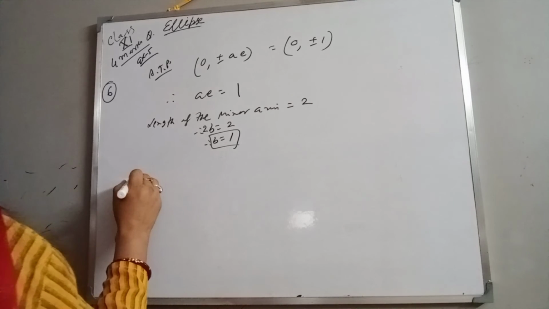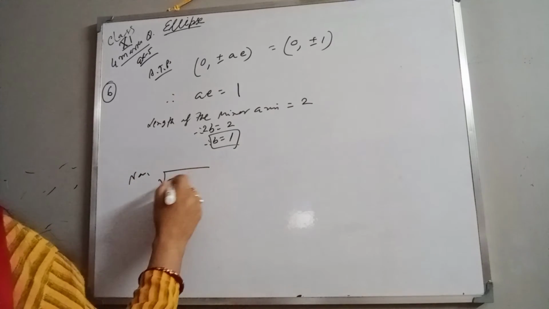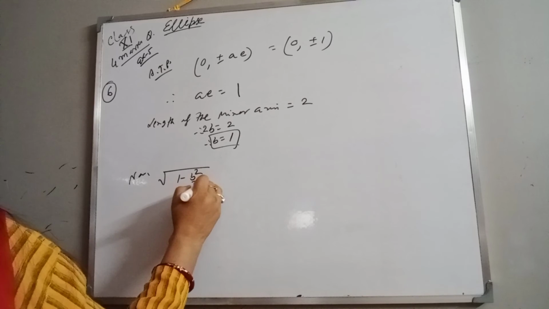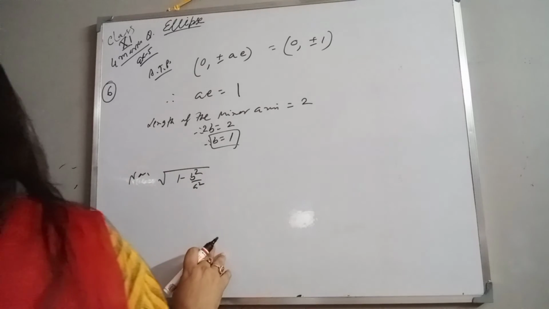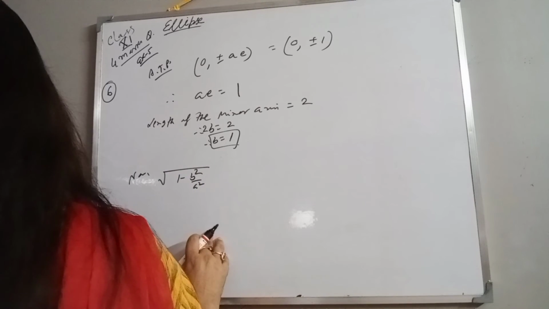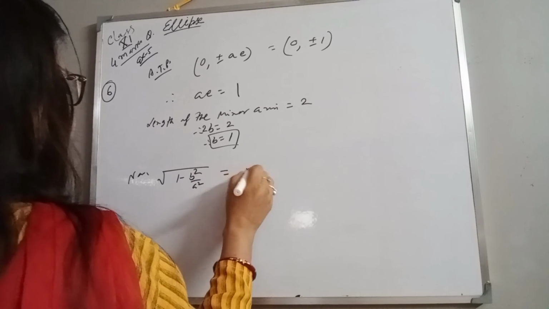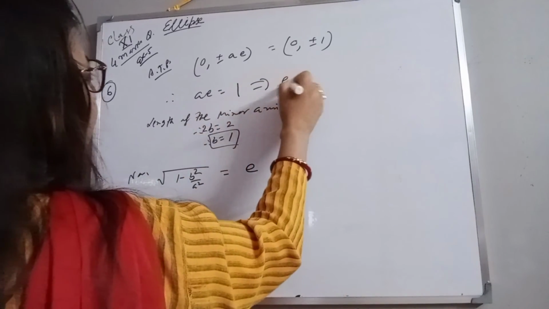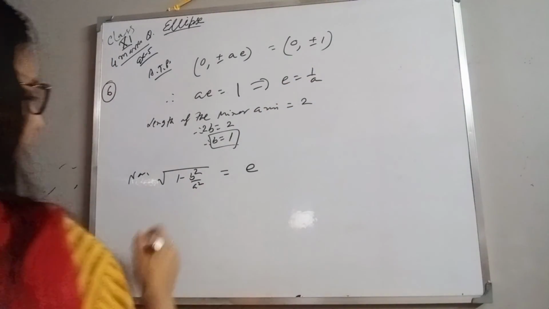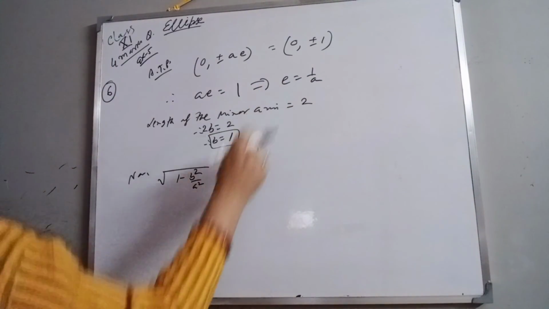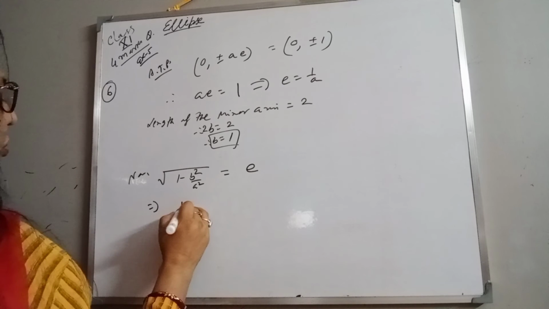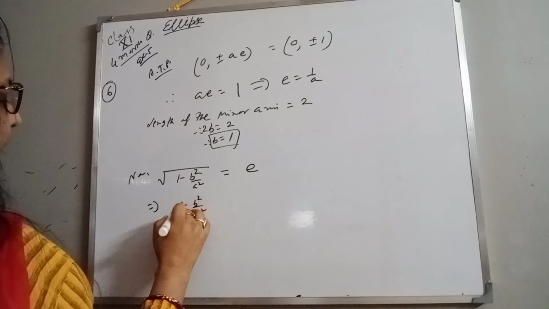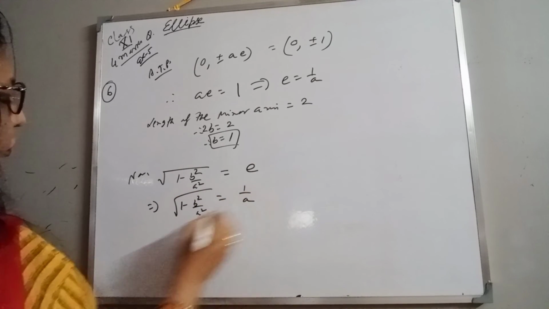Now, under root 1 minus b square by a square is equal to e. And from here we can write e equals 1 by a. So instead of e, we can write 1 by a. So under root 1 minus b square by a square is equal to 1 by a.